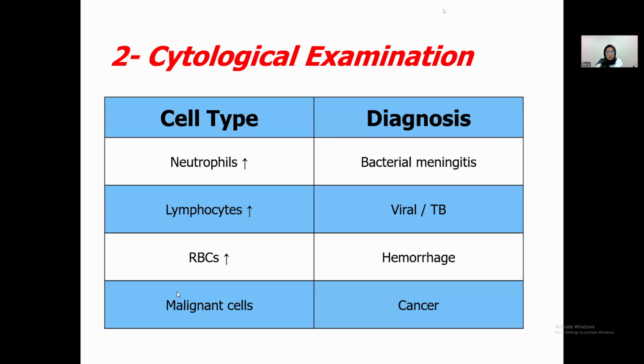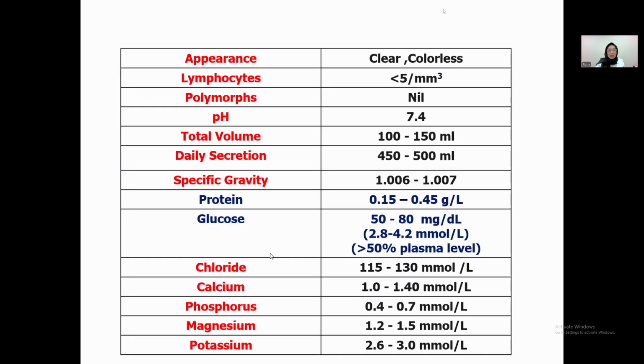Here is a summary by cell type: neutrophils are more bacterial, lymphocytes are more viral or TB, RBCs are more hemorrhage, and malignant cells are absolutely cancer. This is like a table to summarize all the types, but I don't want you to memorize it.